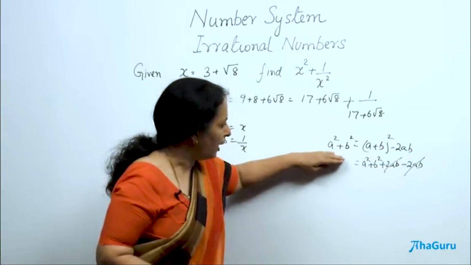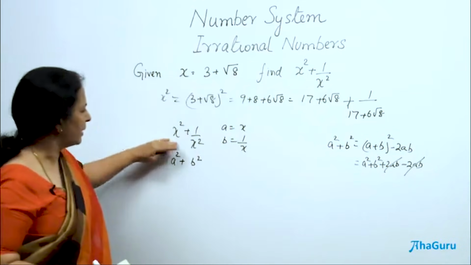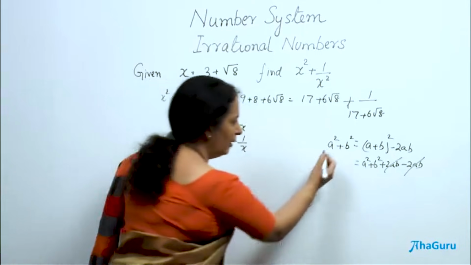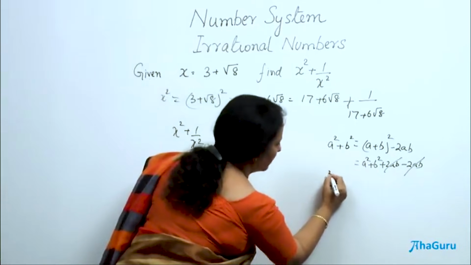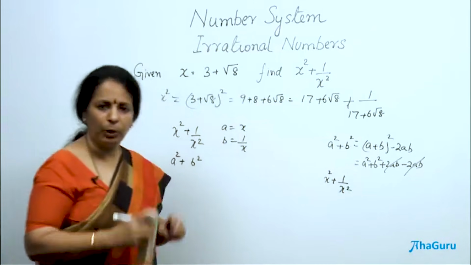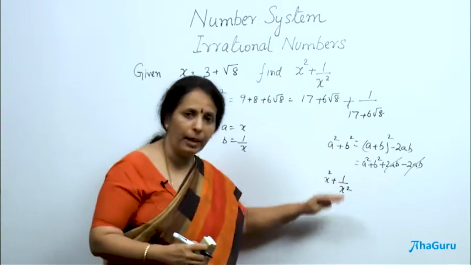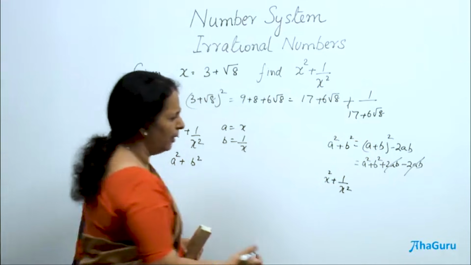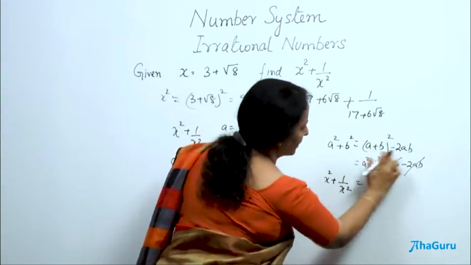So instead of a and b, if I write x and 1 by x, can I get a very decent term? So a I will put as x. So x square plus 1 by x square. What is b? b is 1 by x. So b square will be 1 by x whole square. That 1 square will be same as 1. So in the denominator you will get x square. This is nothing but, let me write this, a plus b.